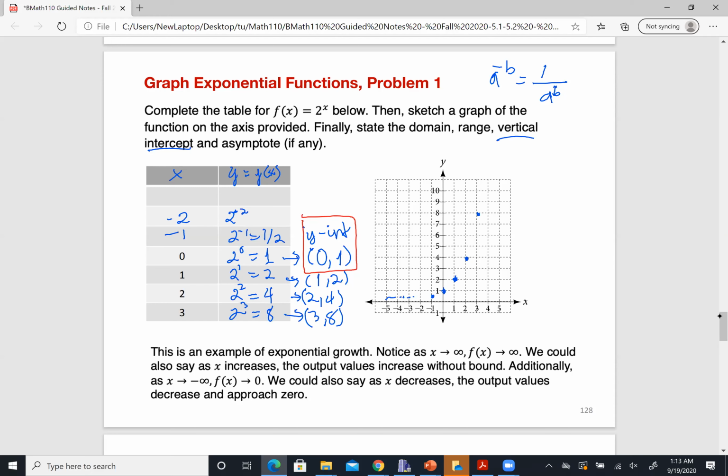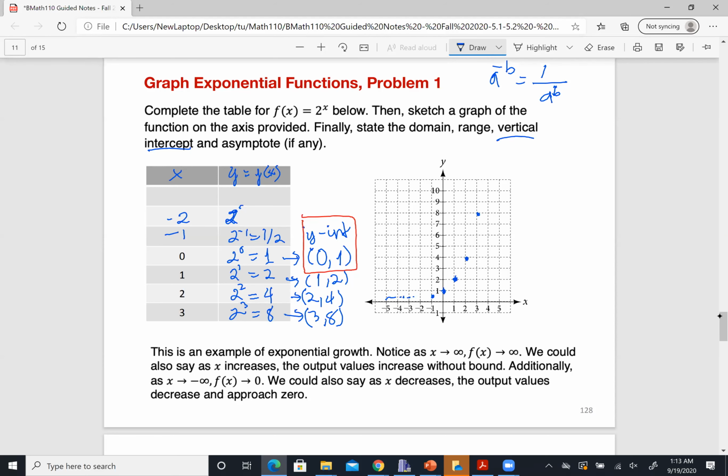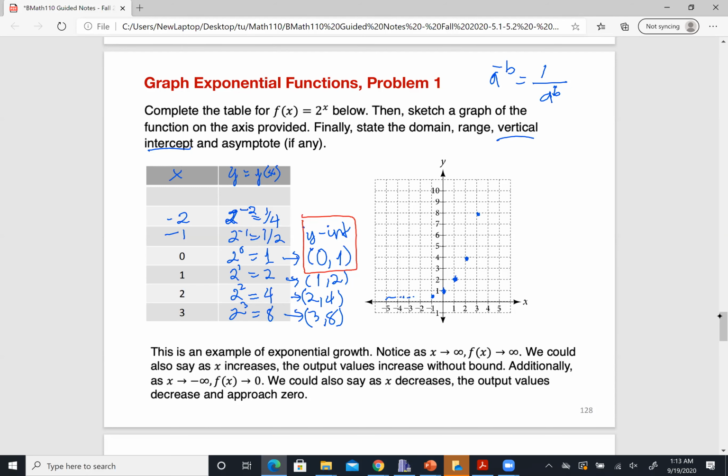So coming back to the problem, I have 2 to the power -2, which will be equal to 1 over 2 to the power 2, which is 4. So 1 over 4, right?